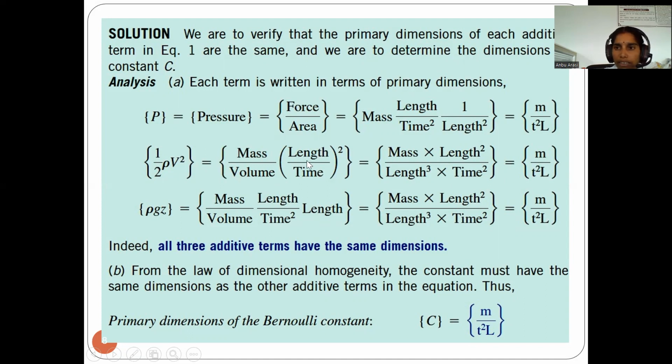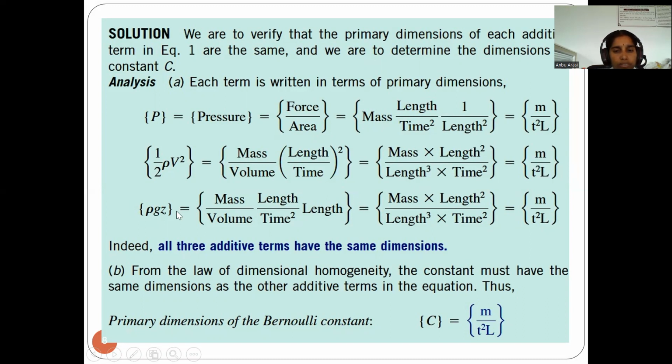Velocity is distance divided by time, so length by time, all squared. It equals mass into length squared divided by volume, which is length cubed, into time squared. Length squared cancels with length cubed, leaving only length. So we write m divided by t squared L.